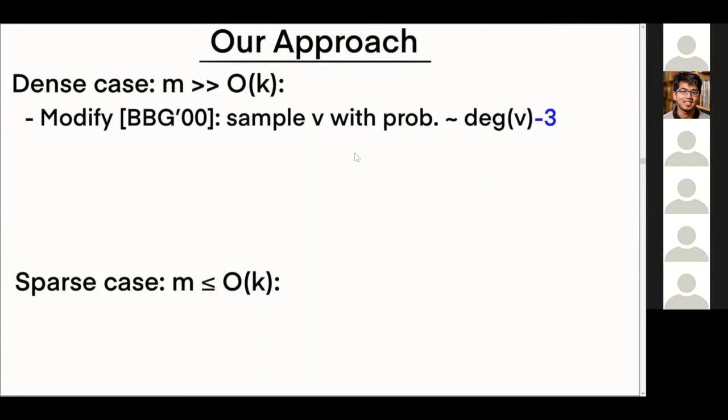If the graph is 3-regular, this is a corner case, in which case let's just sample v uniformly at random. Don't worry about that case, it's not a big deal. The point is, by weighting v by degree minus 3 instead of degree, we can obtain an improvement in the case m is much larger than k.